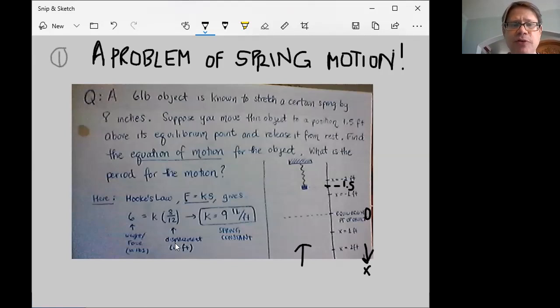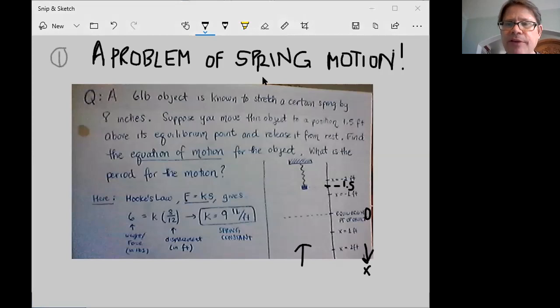When we substitute those into Hooke's law, we get that 6 is k times 8/12, and that ends up telling us that k is equal to 9 pounds per foot. That's our spring constant, and we need to know that to proceed onward with the problem. So now we know the spring constant is 9 pounds per foot. That's our k value. And so where do we go from there?